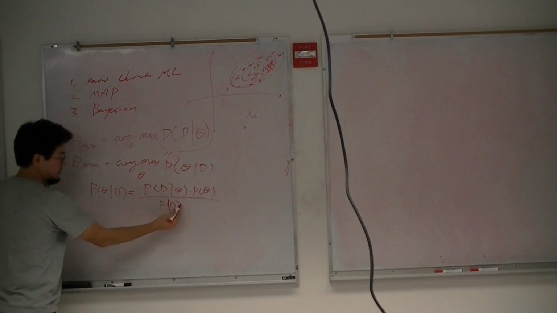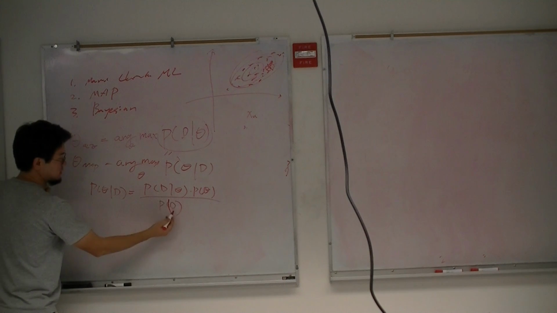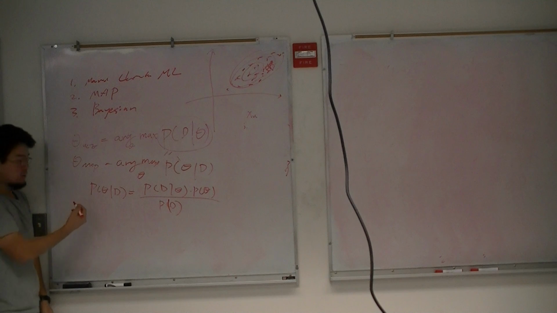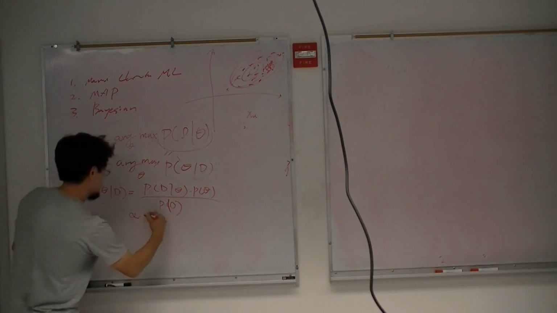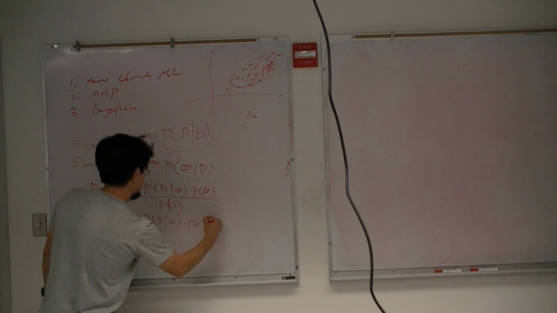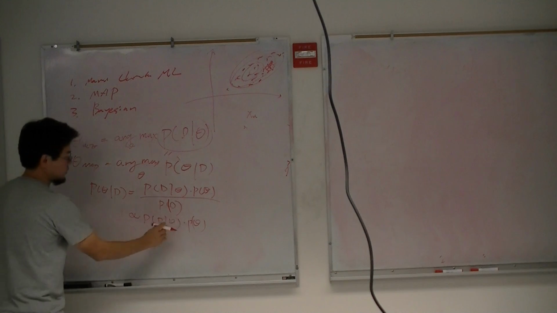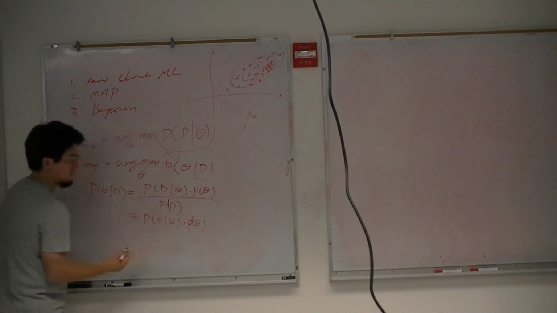Here we can consider that p(D) has nothing to do with theta, so we can consider it as a constant. If you want to maximize this value, well, this is proportional to p(D given theta) times p(theta). And if you remember, this term is the likelihood, and this is the probability of theta.